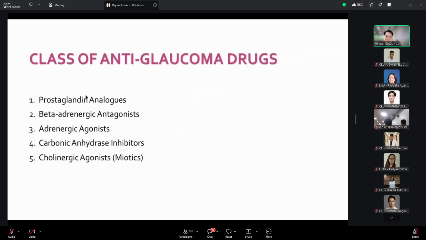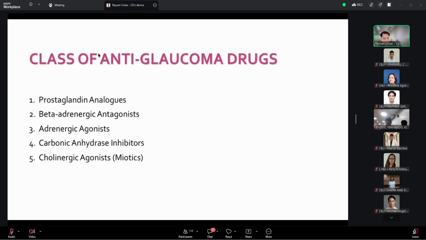So here are the classes of the anti-glaucoma agents. We can differentiate them into two major groups. Okay? So dalawa daw po yung major groups.